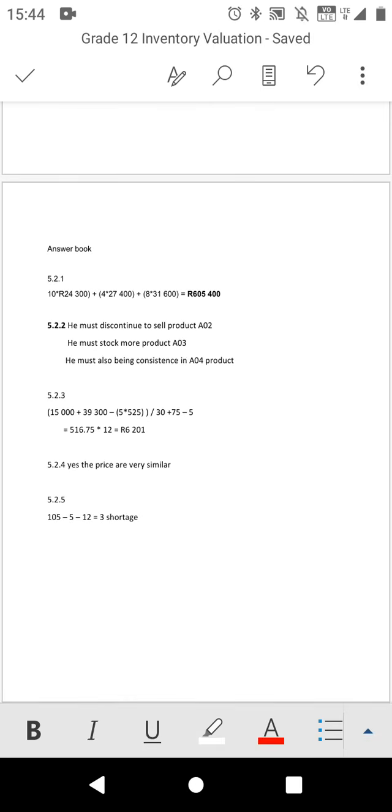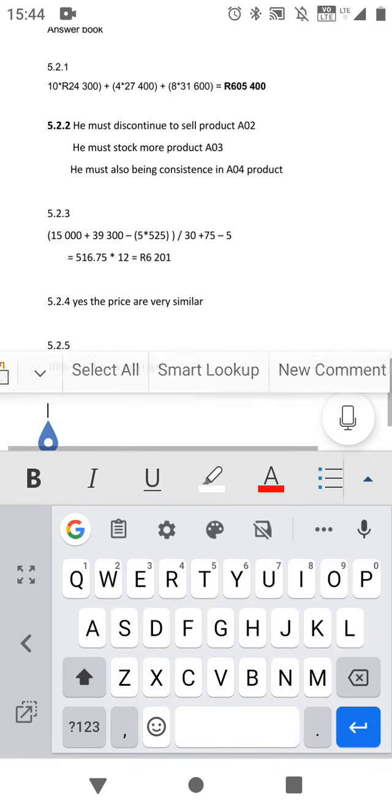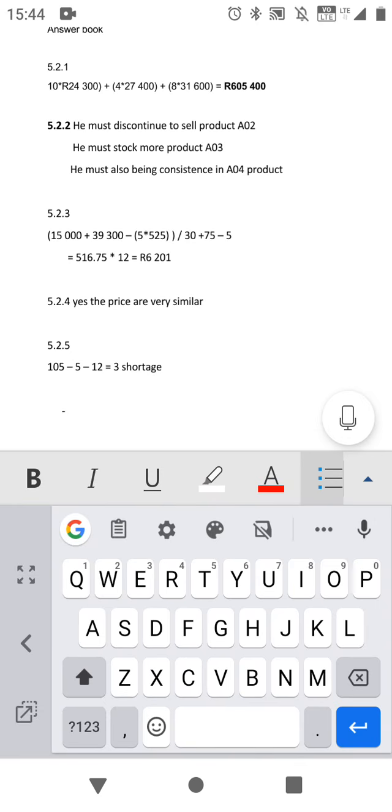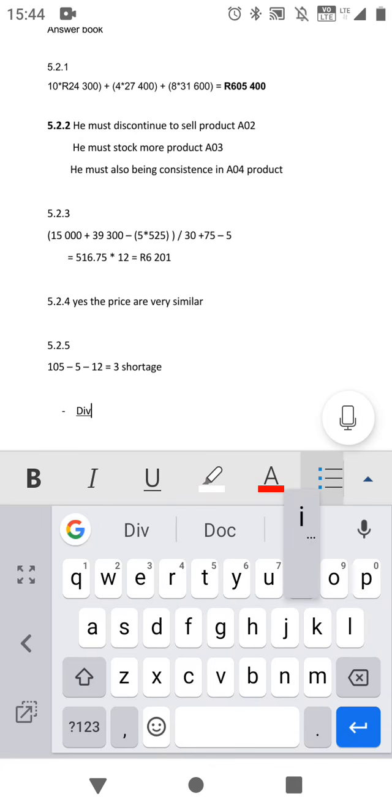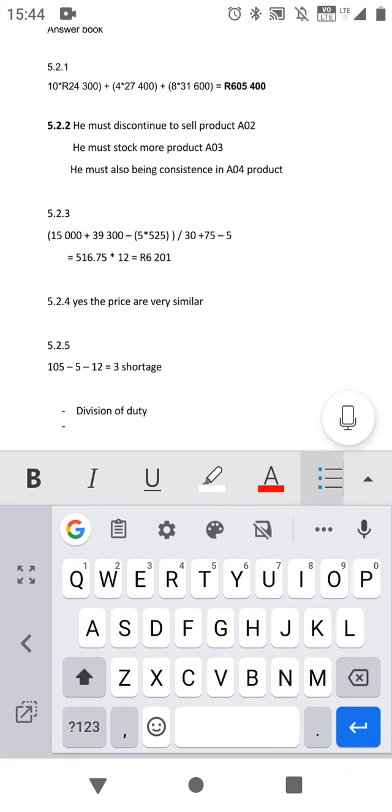Now we have to give advice other than security cameras. If you write security cameras, you are going to get it wrong because they already stated it in the question. Okay, the first one, of course, is division of duty. Employees must not work alone. If we are counting inventory, at least 2 or more people must recount that inventory in order to get the correct answer.